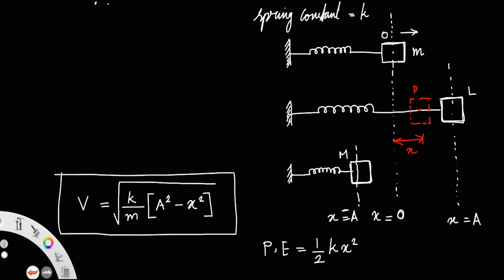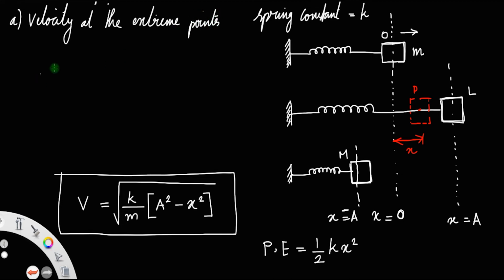Suppose, let's take the case A. Case A, velocity at the extreme points. And we know extreme point means the position at M and L. We have at extreme position x is equal to a or x is equal to minus a.